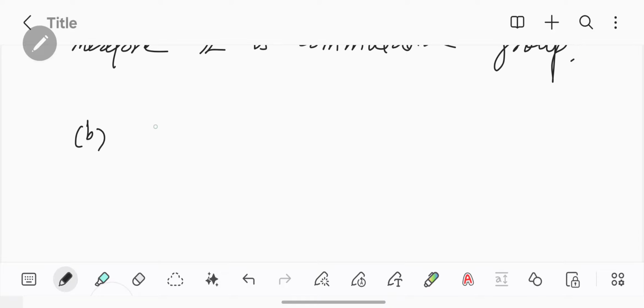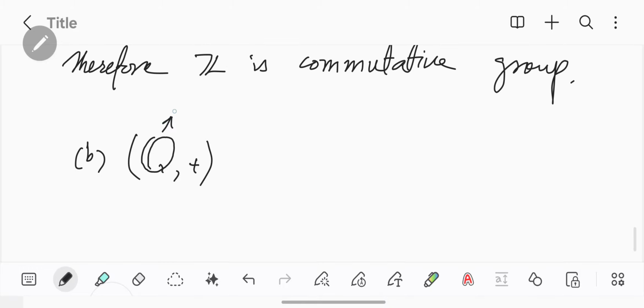Similarly, you can prove that if we take the set of rational numbers with respect to addition, this is also a group, right? In the previous video, we have proved that this is a group with respect to this binary operation, right? So if we take this group, this is also commutative, okay?